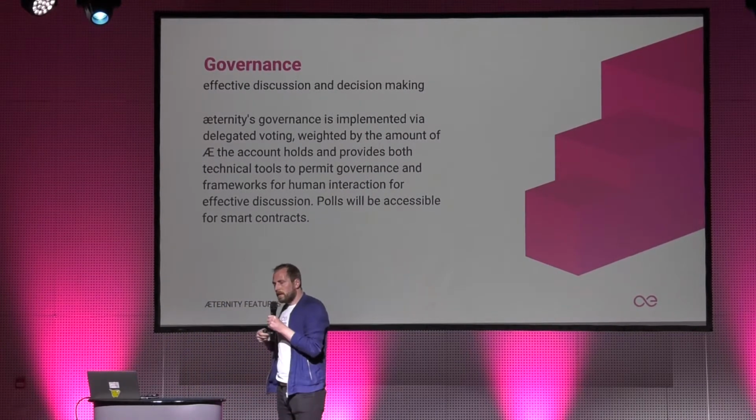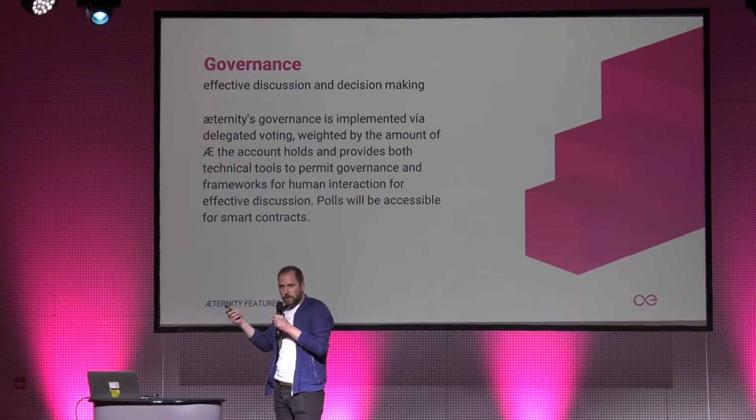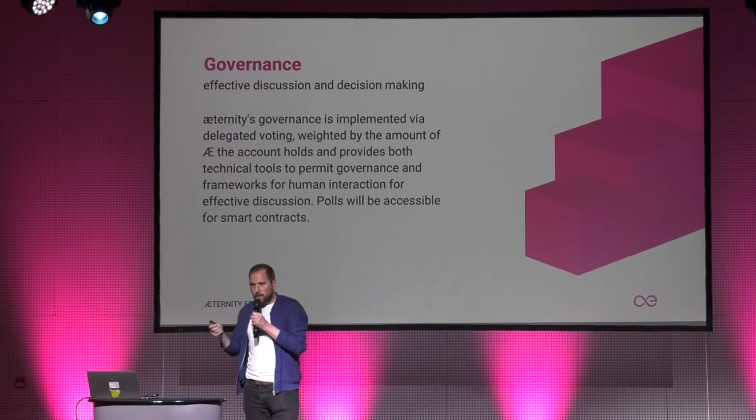We use this governance model and this polls and voting system for æternity, for our governance, but you can also use it in your projects. So you will also be able to create polls and process the results in your smart contracts.